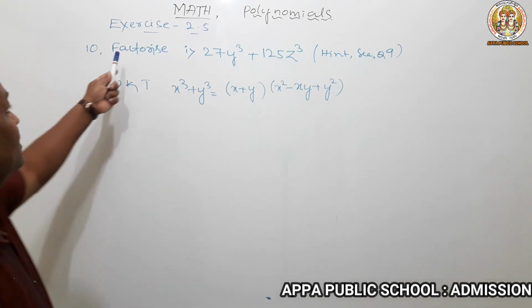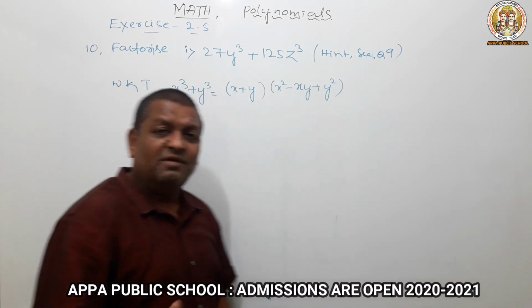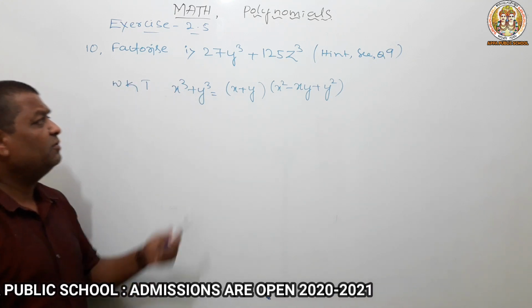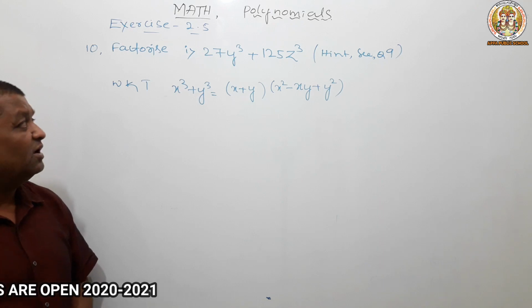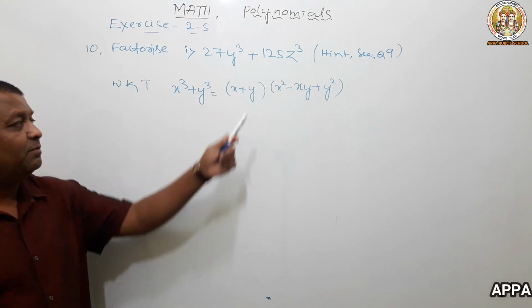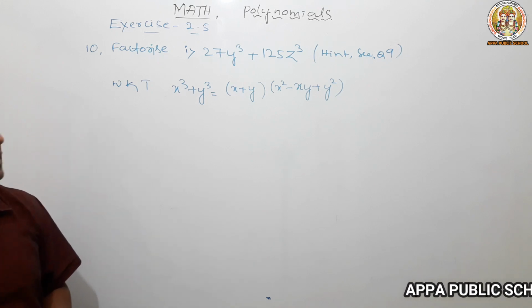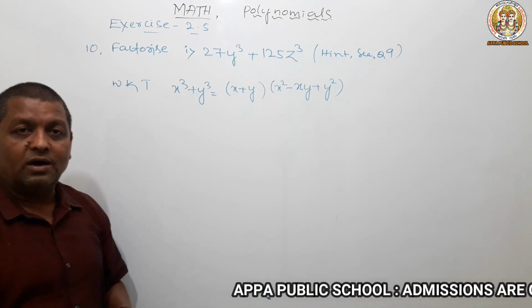So he is telling us to factorize this. You can see question number 9. It means indirectly it is the formula of a cube plus b cube. What is that formula? x plus y into x square minus xy plus y square. Or you can say it in a terms or in xy terms.